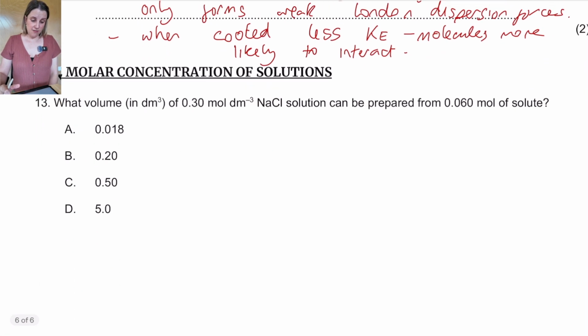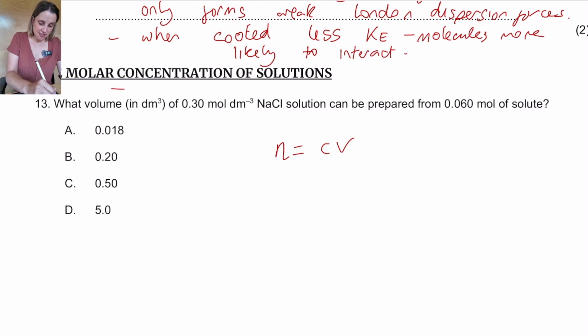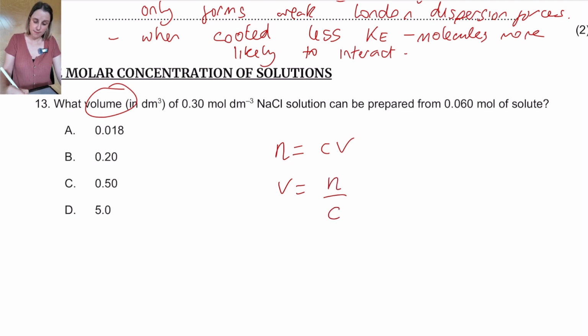So the last little part of this is how we calculate moles for solutions that exists in this part of the syllabus. So that's using the equation that we just haven't touched so far, which is n equals CV. So this is moles equals concentration times volume. In this question, they're asking for a volume, so we're going to rearrange that to make V equals n over c.